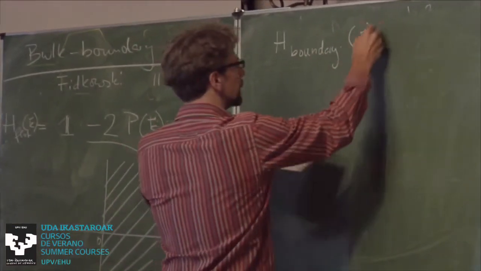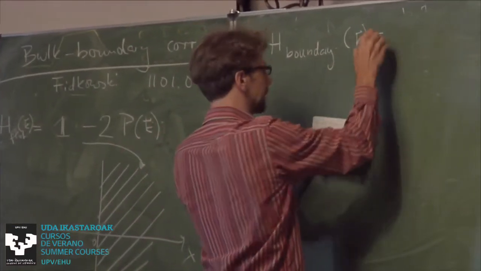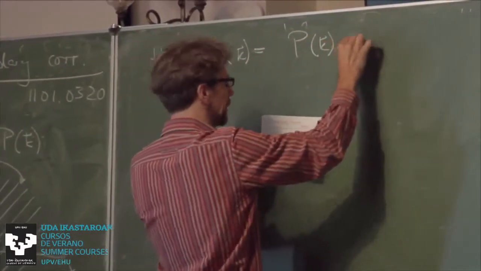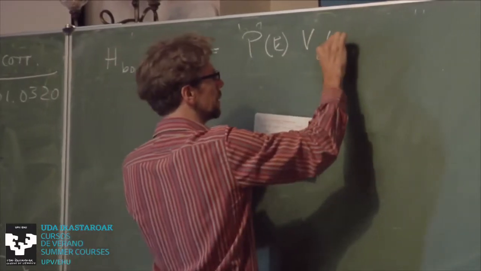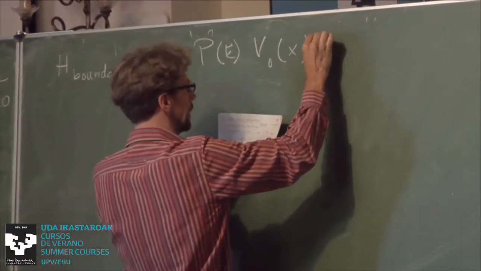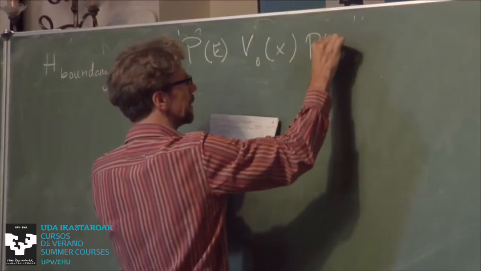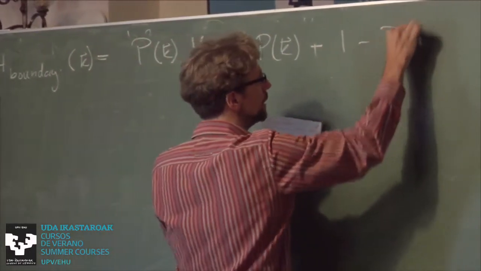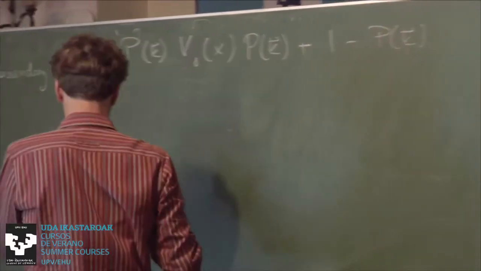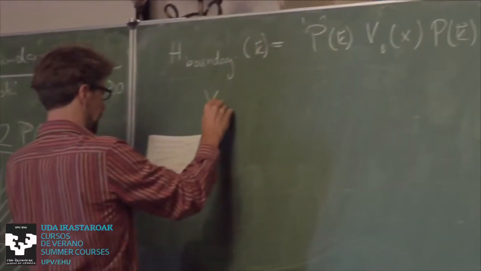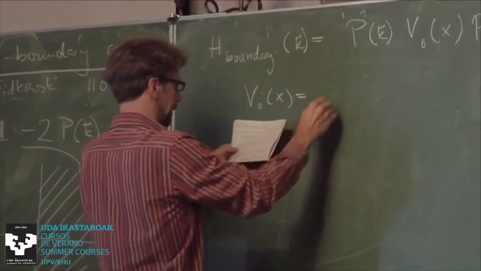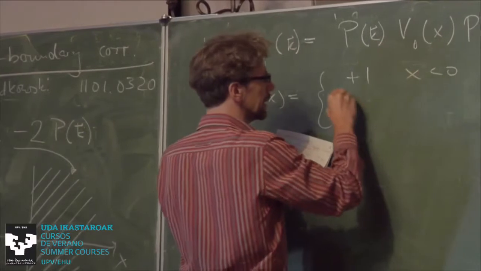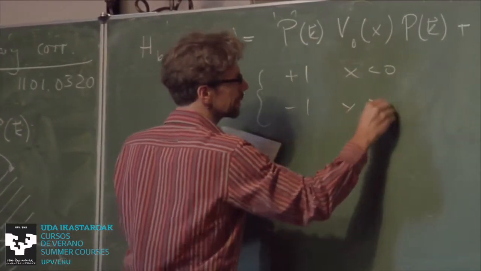It also depends on these momenta perpendicular to the direction in which we cut, and it is given by P of K times V naught of X and P of K, plus 1 minus P of K. I will choose this V naught of X to be +1 for X less than 0 and -1 for x larger than 0.